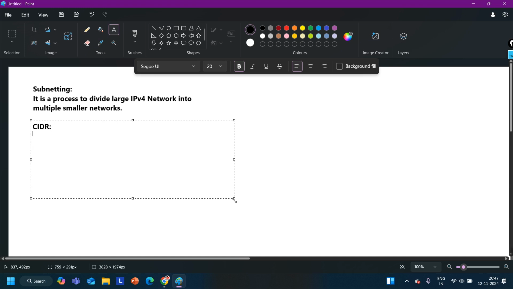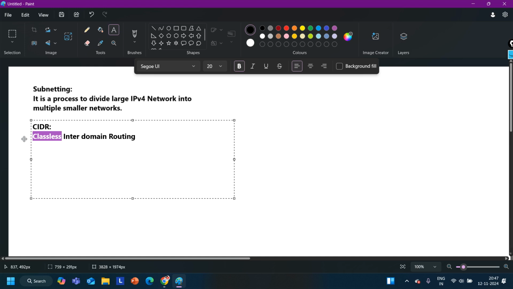CIDR stands for classless inter domain routing, right? Classless means whatever we have discussed till now in IPv4 is classful. Those are classful and have the default subnet mask.